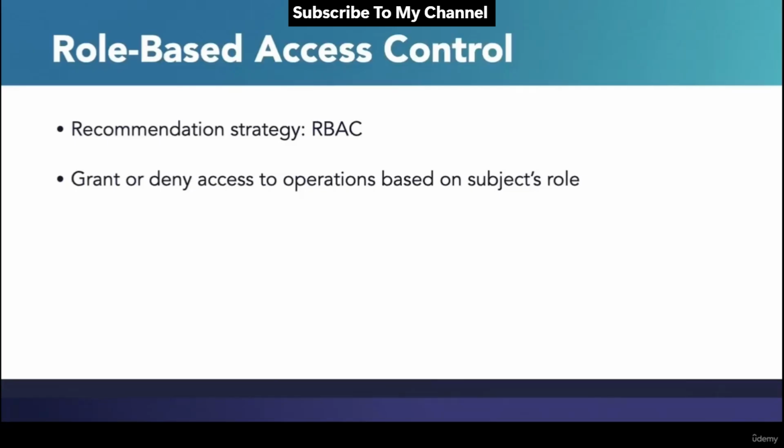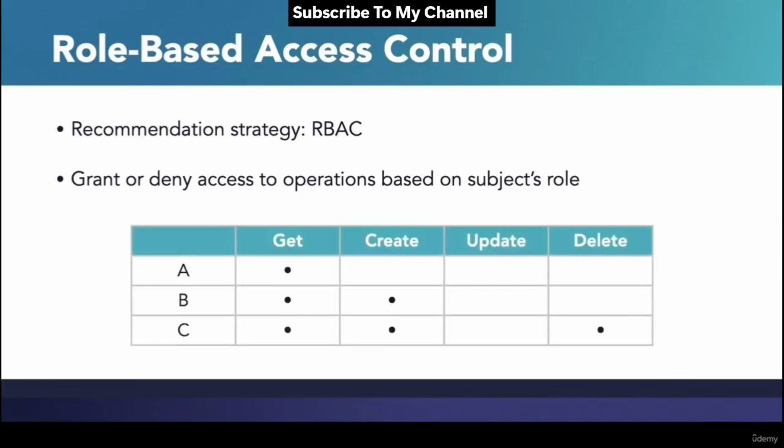But the API server, by leveraging RBAC, will finally determine whether the requested action is permitted or not. Let's say you have subjects A, B, and C. A can only perform a get operation. B can perform both get and create, while C can perform get, create, and delete.